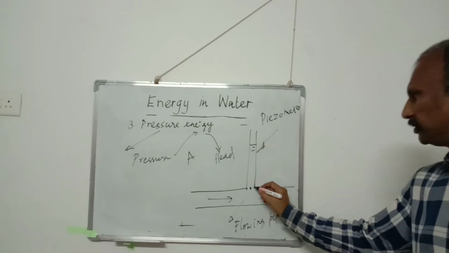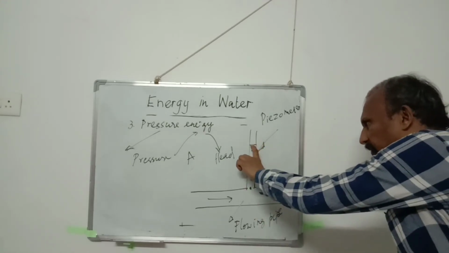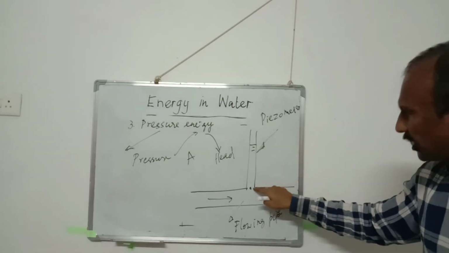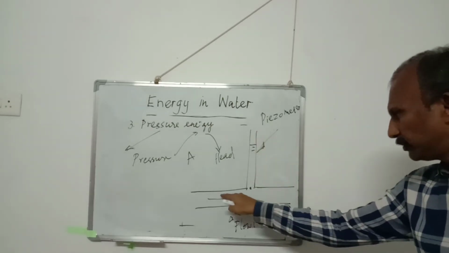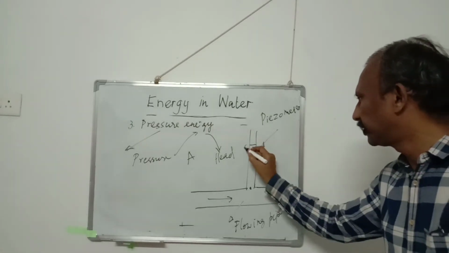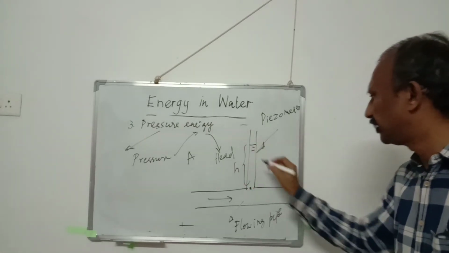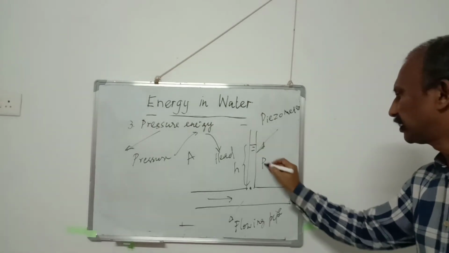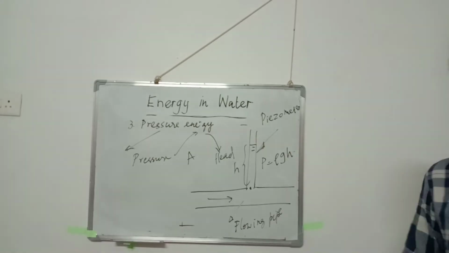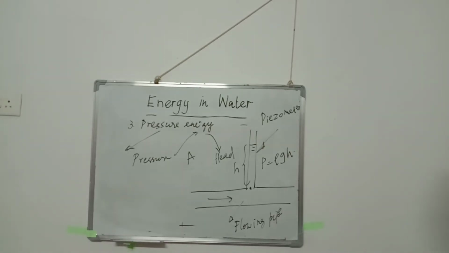Because this standing water is in equilibrium with the flowing water, the pressure of this standing water is equal to the pressure of the flowing water. So if you find this height, say h, the pressure of flowing water is rho g h. Rho is mass density.